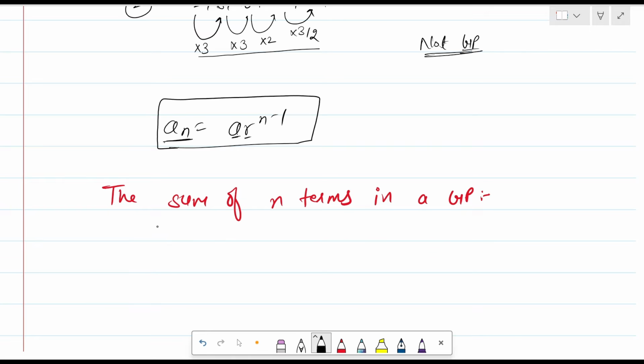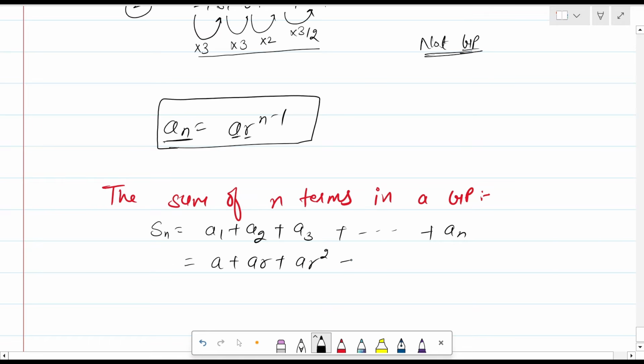It will be, if I'm writing Sn is equals to A1 plus A2 plus A3 and so on An, where A1, A2, A3, An is in GP. So I'm writing here the value A1 is a, aR, aR square plus aR raised to the power n minus 1.